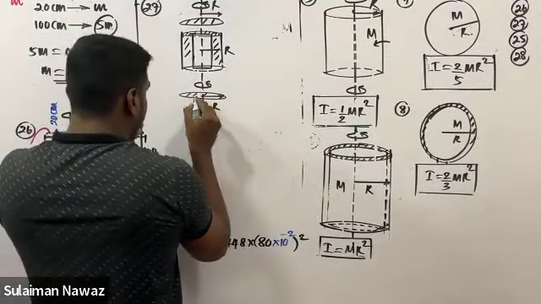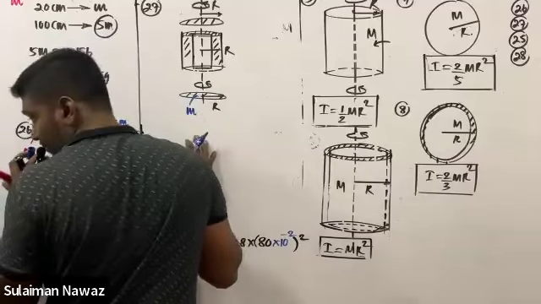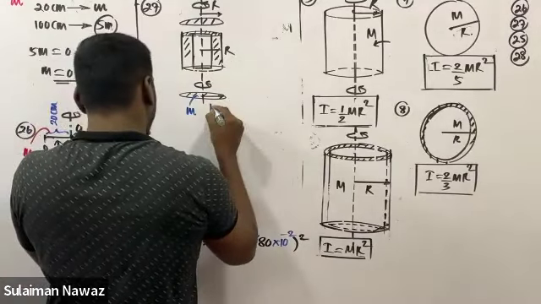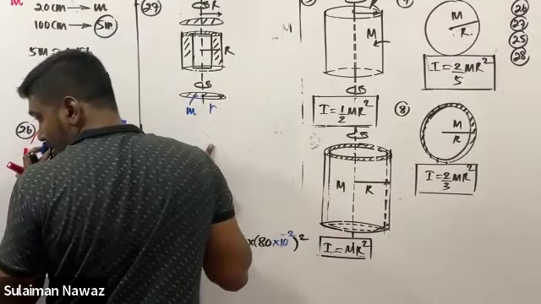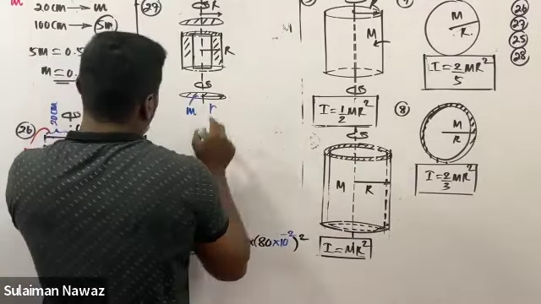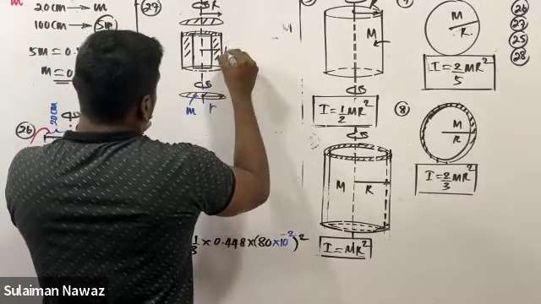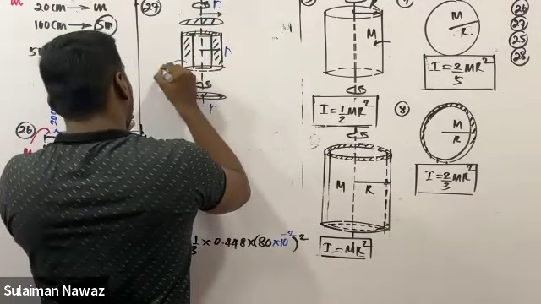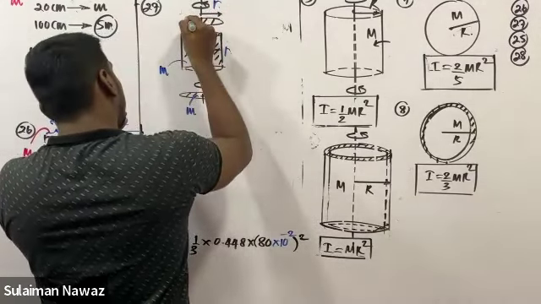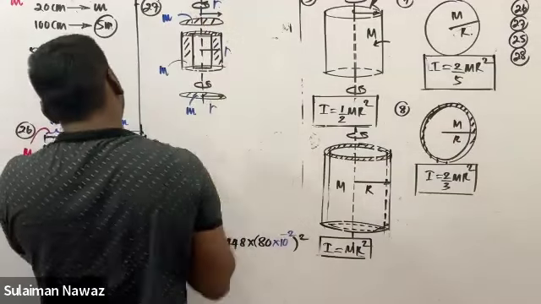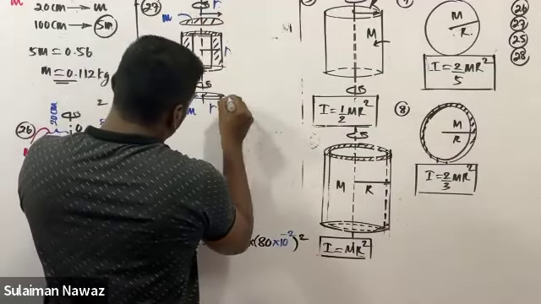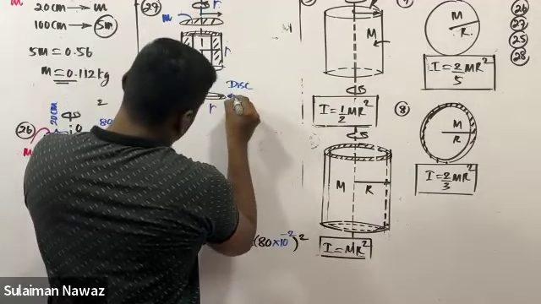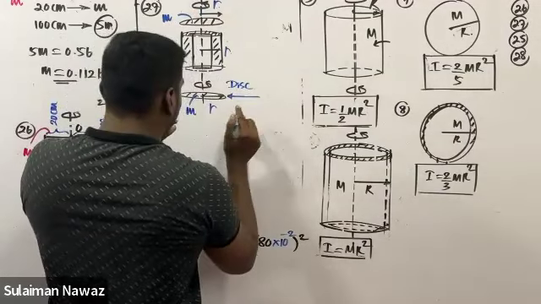Right, mass of the lid is given as simple m, radius of the lid is given as simple r, hollow cylinder of mass simple m radius r. Now you can think of this as a disk. If it is a disk, the moment of inertia equation will be what?